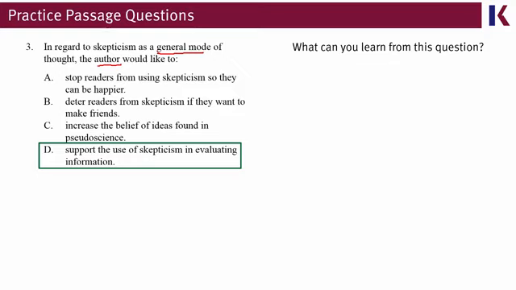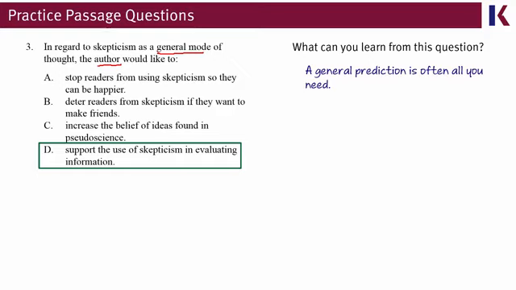A big takeaway for me on question 3 is that a general prediction is often all you need. In fact, think about the two alternatives. On one hand, you can make a very general prediction. Our prediction here was good. The author thinks this is good. In this case, that got us all the way to the right answer, but maybe a general prediction only gets us down to a 50-50.